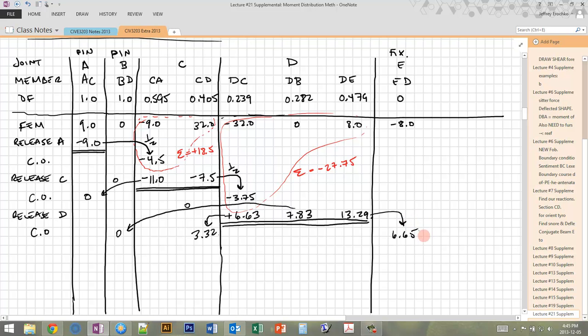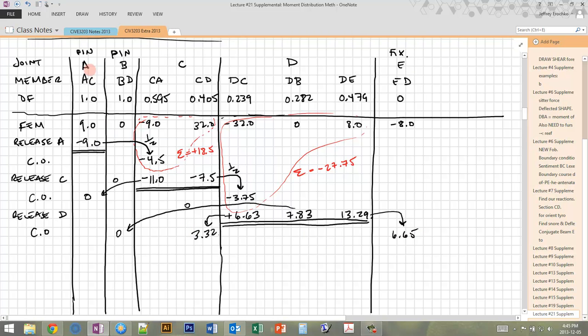So we're going to skip E. We're never going to release fixed joints. So that's why I put fix here. It reminds me that we're never going to release fixed joints. We can release pins because we have to do that to put these things into equilibrium, but the fixed, because the pin in reality doesn't have a moment resistance, so we can release that easily, but we can't release the fix. So everything sticks there. So 6.65 is just going to stay there.